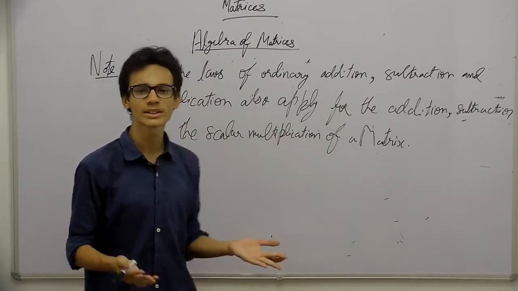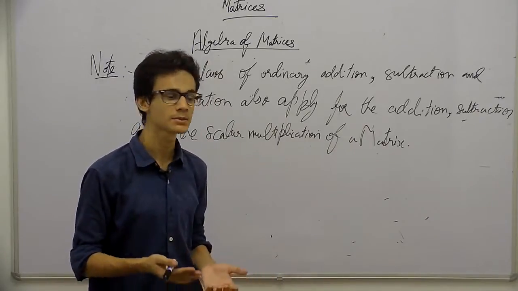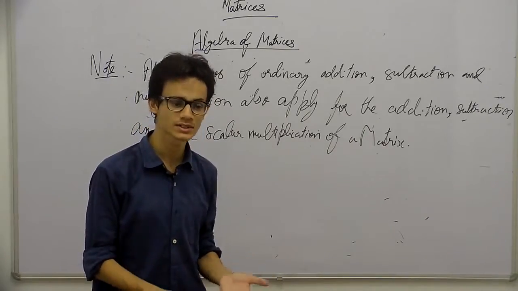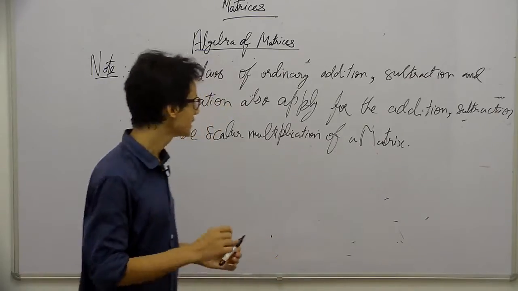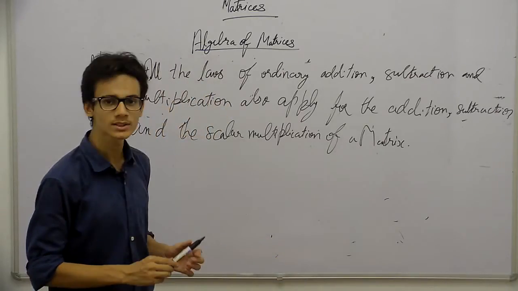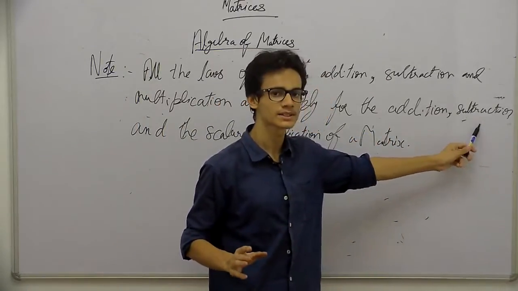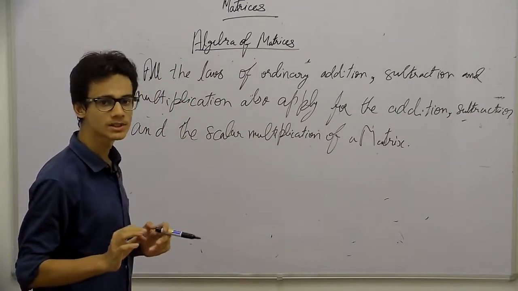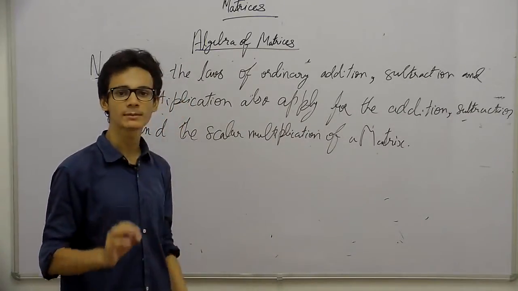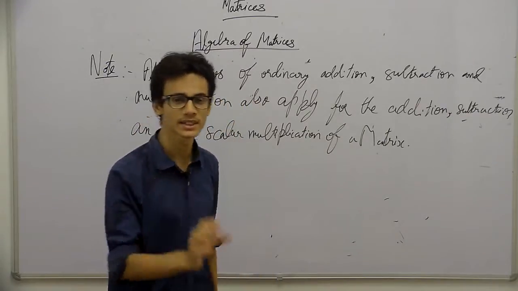All the laws and facts which we know about normal addition, subtraction and multiplication of simple numbers also apply in the case of matrices. The normal addition laws apply for the addition, the subtraction laws apply for the subtraction of matrices, but the normal multiplication laws of numbers apply only to the scalar multiplication of a matrix, for example multiplying a matrix by a scalar.